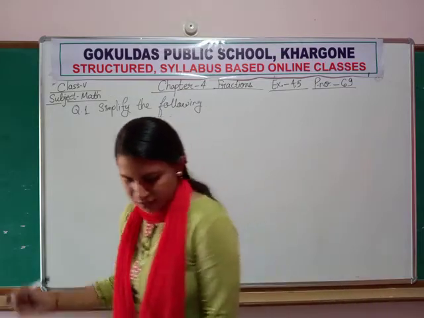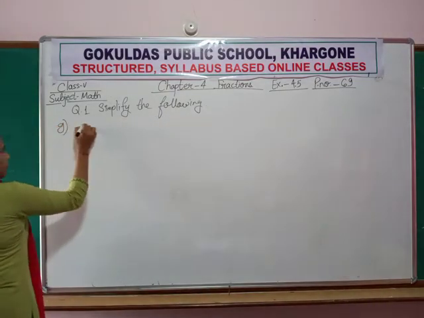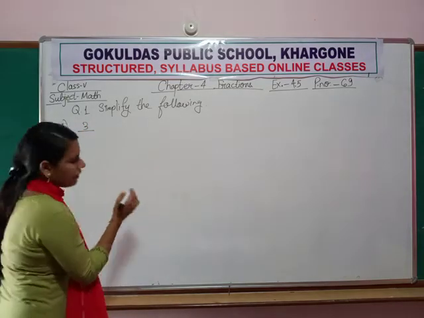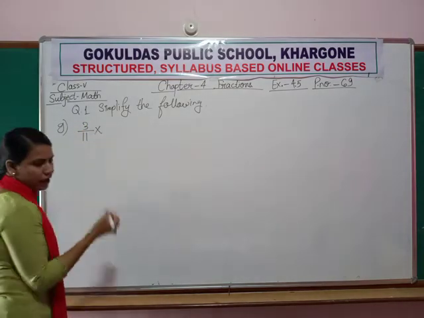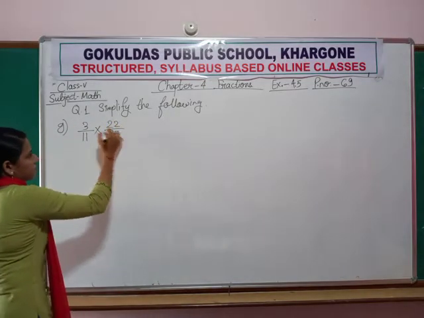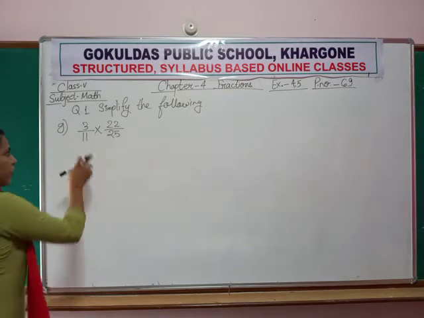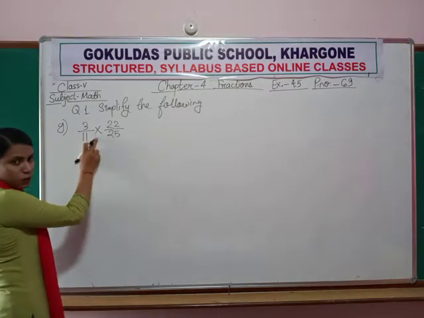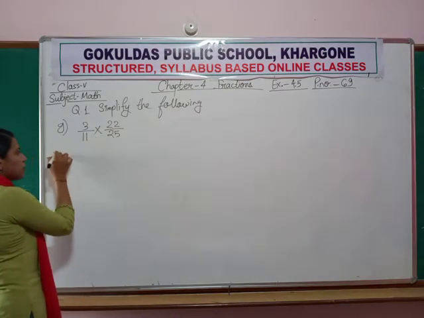Question number G is 3/11 multiplied by 22/25. Okay. We have two fractions. We want to apply the multiplication operation over them.